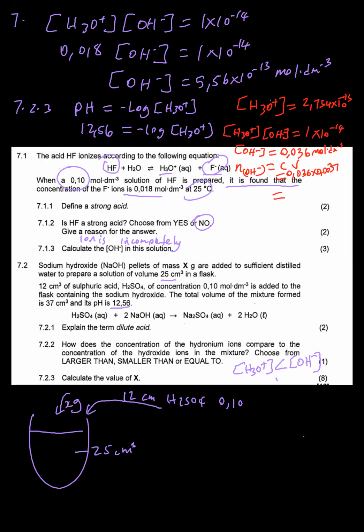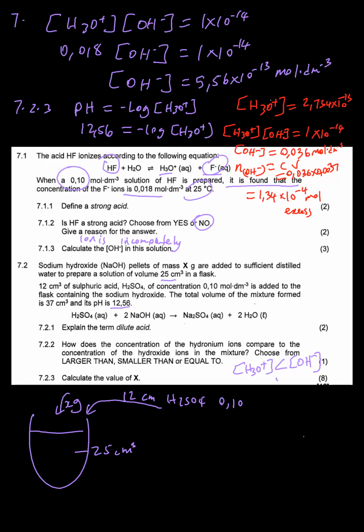The answer is 1.34 times 10 to the exponent -4 mole. This is the number of moles in excess.